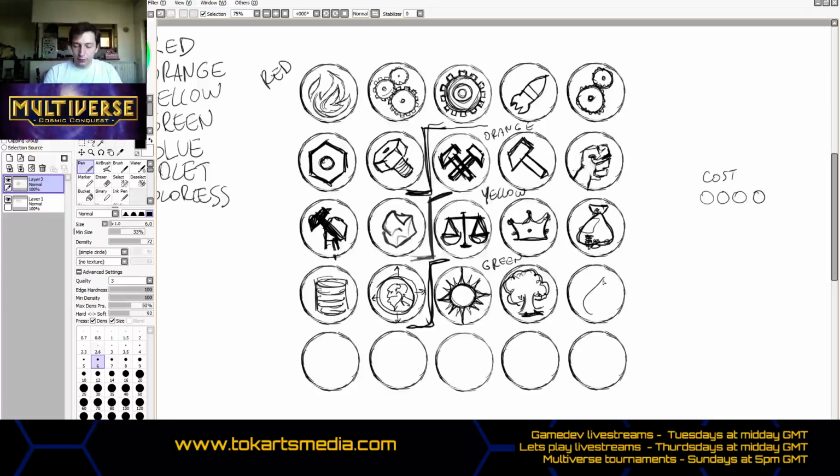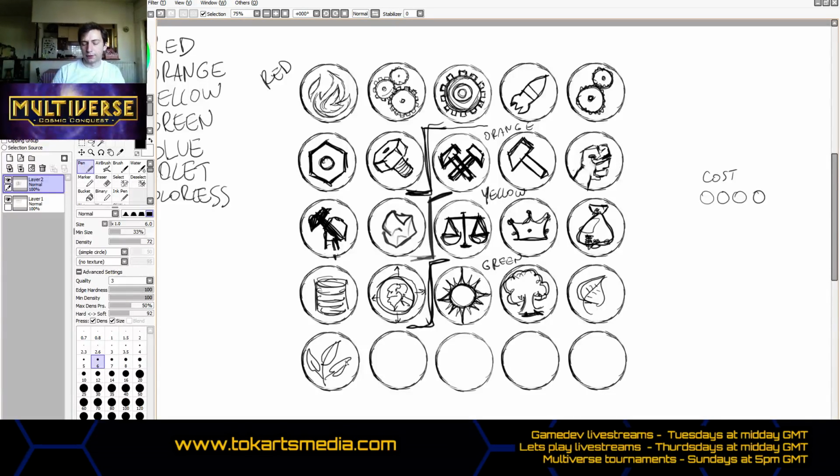Another possible symbol could be a leaf. Similar stuff, green is a color that protects nature. Another version could be a different leaf, maybe 3 leaves.